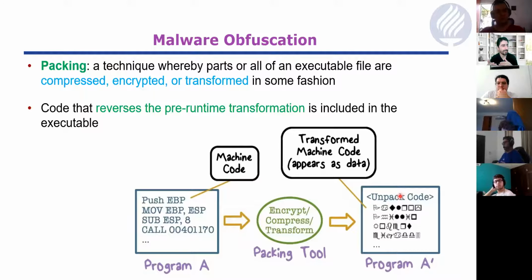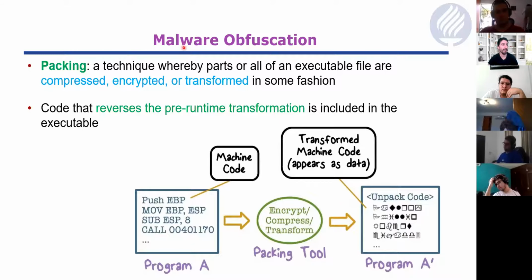Basically the reverse encryption method or the reverse compression method is hard-coded into the malware. So they come packed, okay? And when they want to execute, they automatically unpack or uncompress, and then they execute, or then they can again be encrypted, transformed in different fashions.